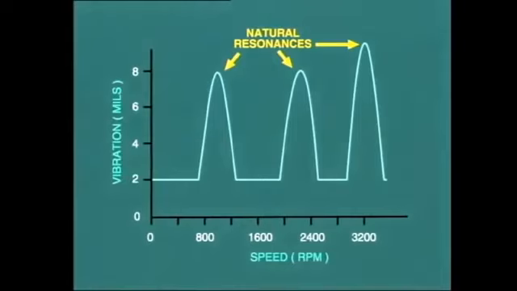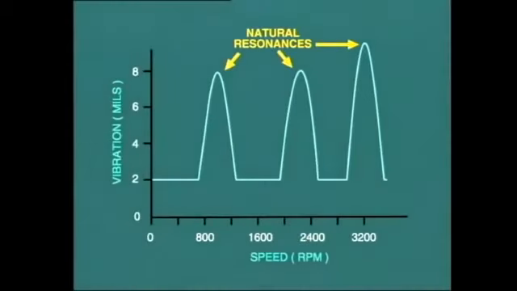perhaps other components. In order to avoid this situation, we must pass as quickly as possible through the critical speeds during the run-up. But what are these critical speeds? Well, as our rotating mass is made up of several rotors, for example, the high-pressure and low-pressure turbine rotors and the generator rotor, we may have several critical speeds.